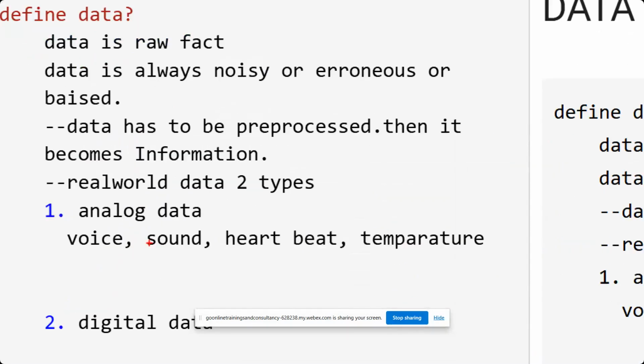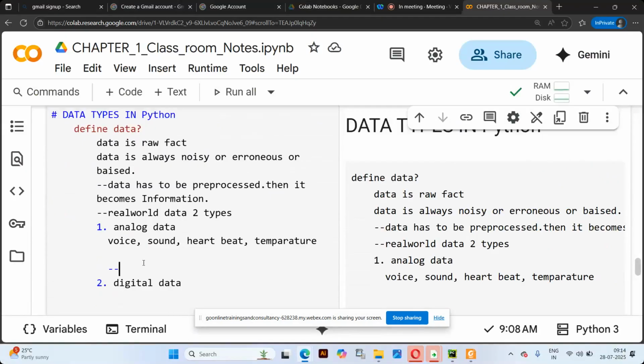In what form will it be represented? Analog data is represented as sine waves electronically.